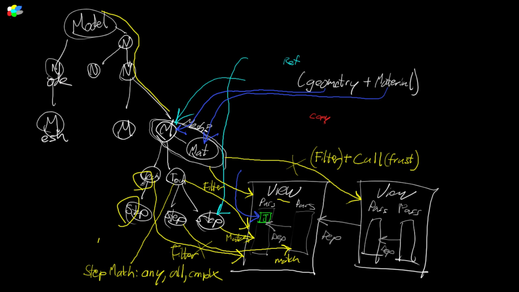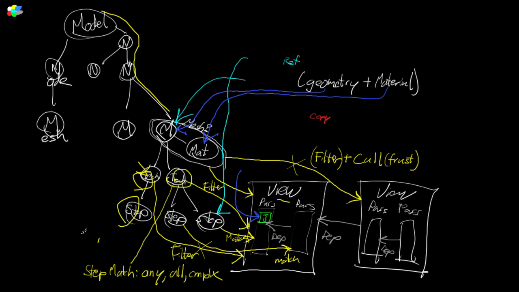Only if those channels match is the technique going to be processed and submitted. So if we have a technique for generating the shadow map in the shadow pass, that technique will be active, but the other techniques won't be active. They won't submit. Then in the normal pass, the shadow map technique will not be active. Only the normal ones will be active and only they will submit to the job queue.